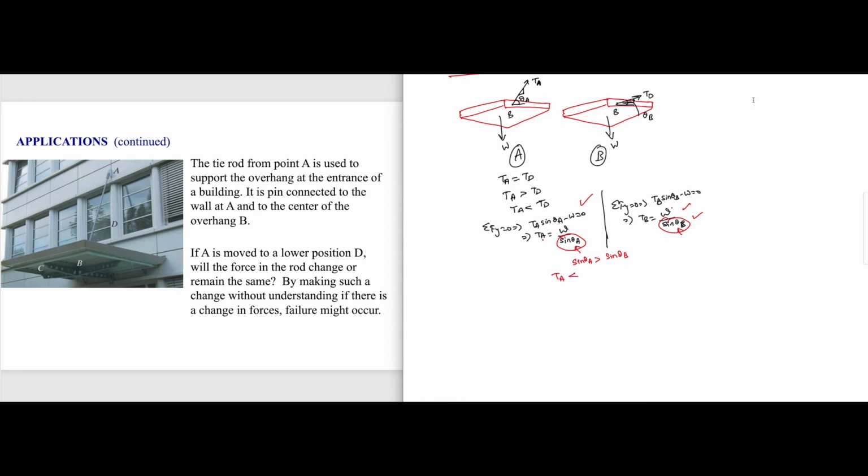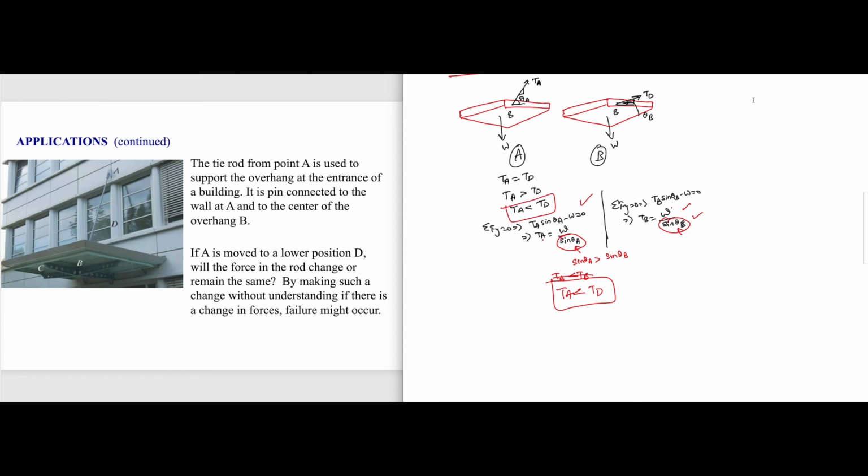I used TD there, it's fine. I use TB here. What I mean to say is TA is less than TB. So that means this is the correct option.